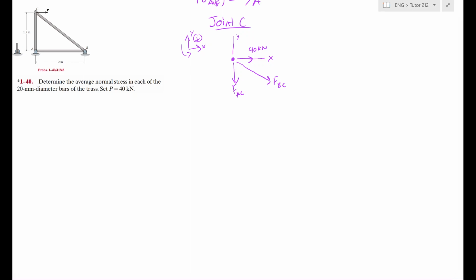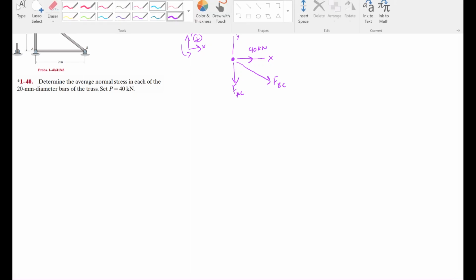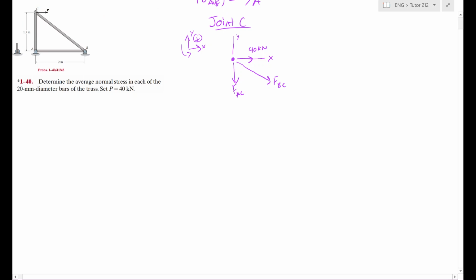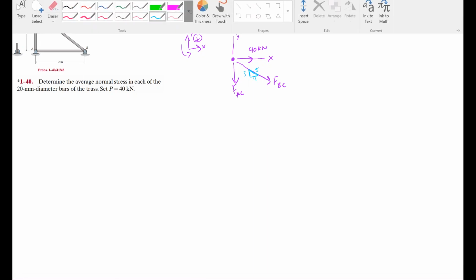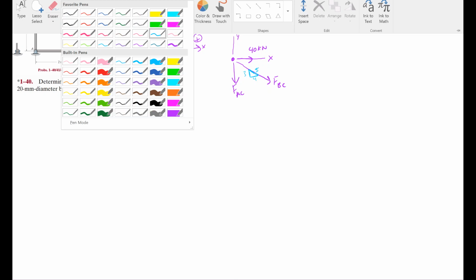Hopefully you notice we got one of those beautiful 3, 4, 5 triangles. It's going to make it really easy for us. Don't have to worry about solving for angles. Again, that's one of those shortcuts I was telling you about. You'll get really good at spotting them after you've wasted time when you didn't need to.